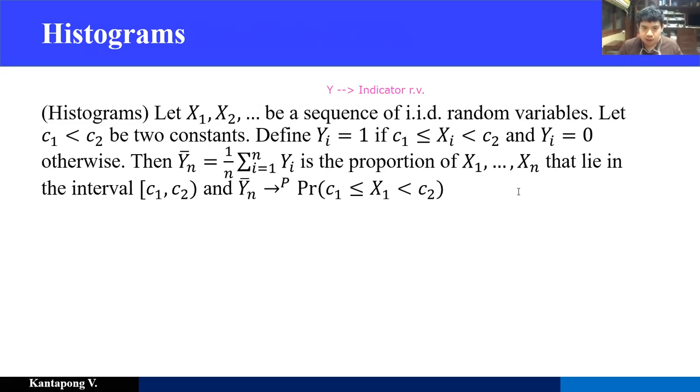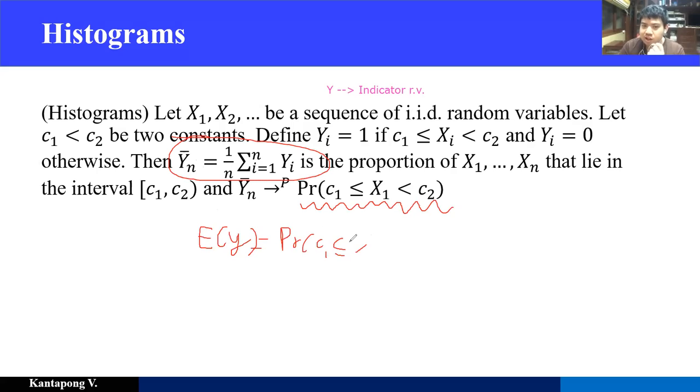And then let yn bar be the mean of the indicator random variables. So this one converges in probability to the probability that x1 is between c1 and c2, because E of y is this probability already. So it's like the corollary. It's straightforward that this sample mean will converge in probability to this probability here.